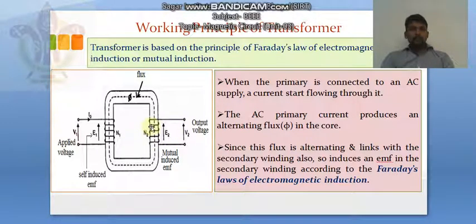So due to mutual induction, a flux, let's suppose it may be phi2, is linked with this coil, which is called the secondary coil, which has number of turns N2. So the flux induced in this secondary coil is phi2, and it is linked in this coil due to mutual induction.